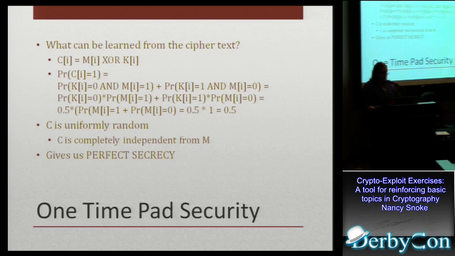So you then see that you get exactly a 0.5 chance that any bit in the cipher is 1, and exactly 0.5 that any is 0, which means it's completely independent of the message, and uniformly random, and you get perfect secrecy. So that's the basic definition of the one-time pad, which we're going to use for the demo.